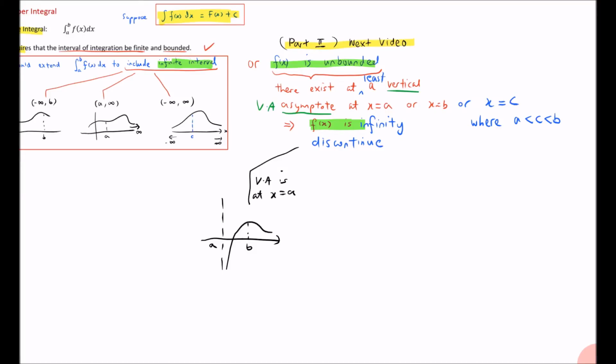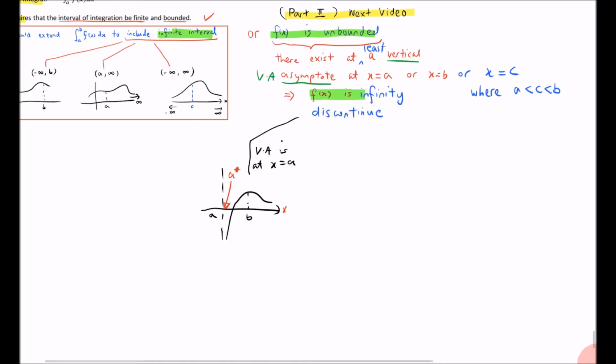Other information is we have to know this value. Before a, your x value can reach this part. This part is not a, but is a plus, because it is slightly more than a. So by using the notation a plus, and we know that x equals a is an asymptote, we have to use a limit to express our improper integration.